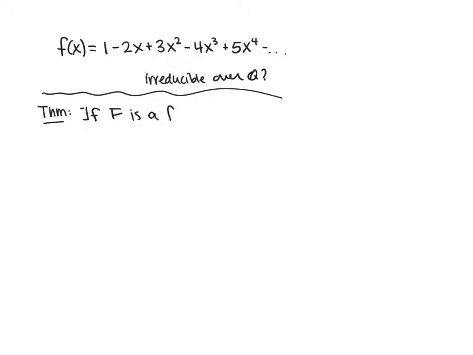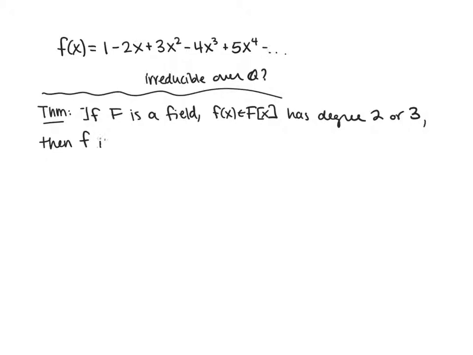So let's say we have a field F and a polynomial f defined over that field, and the degree is either 2 or 3. Then we know f is reducible over F if and only if f has a 0 or a root in F.